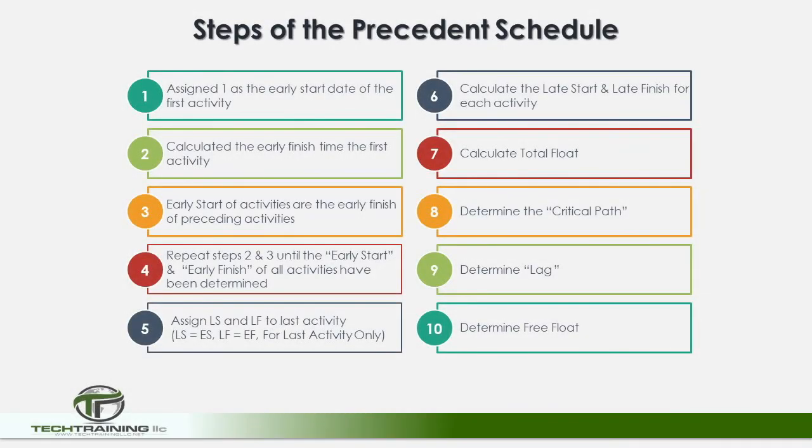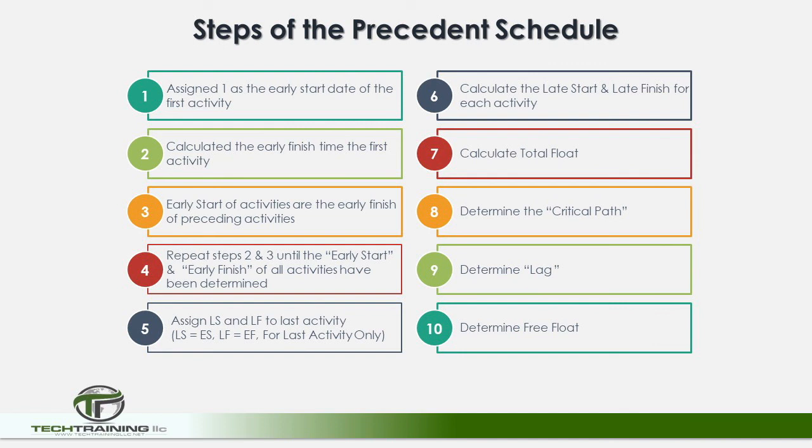Listed here are the sequential steps of the schedule we just completed. 1. Assign 1 as the early start date of the first activity. 2. Calculate the early finish time of the first activity. 3. Early start of activities are the early finish of the preceding activities. 4. Repeat steps 2 and 3 until the early start and early finish of all activities have been determined. 5.